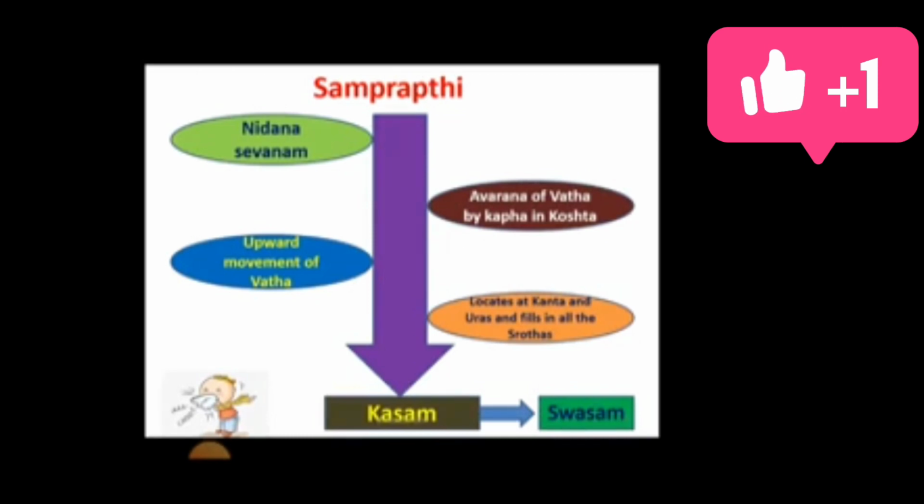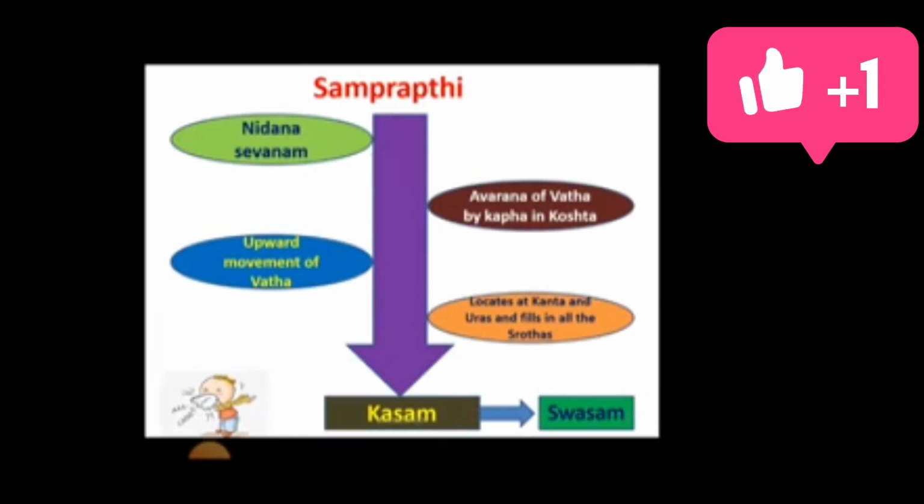So here, due to the vitiation of apana vata, and because of the avarana of kapha or pitta, the apana vata is getting blocked with the other factors and getting the rupa of udana vata. Then it locates in kantha and uras, urdhva srodha samasrita, then fills the srodhas and produces kasa.